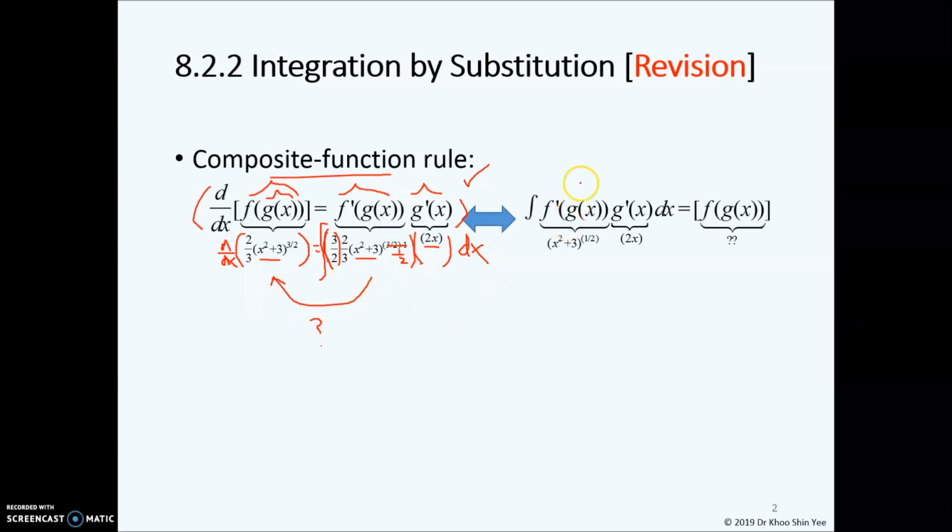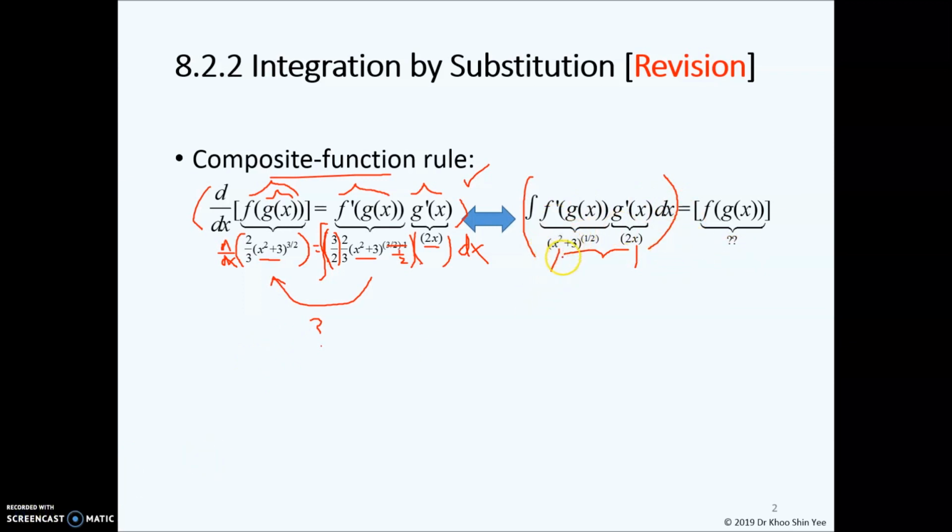How can I do that? This is very complicated, so I cannot get the answer directly. There are many functions inside, which is a composite function, especially when you differentiate this, you get this term. So in this case, we can use substitution to solve it.